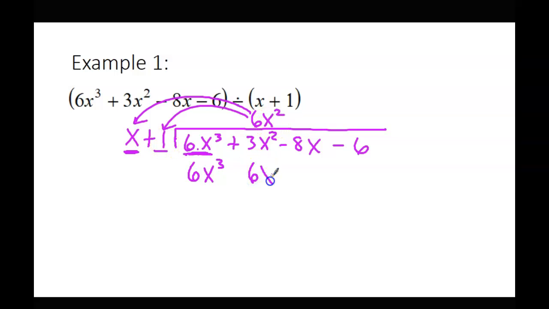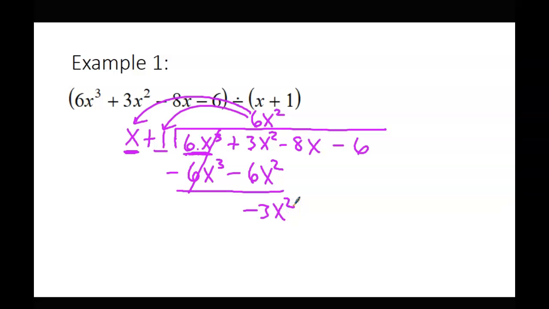The answer is 6x squared. Draw a line. And what do we do after that? We subtract. Okay, so minus, minus. Those cancel. 3 take away 6 is negative 3x squared.